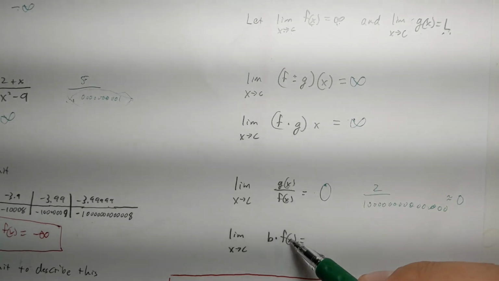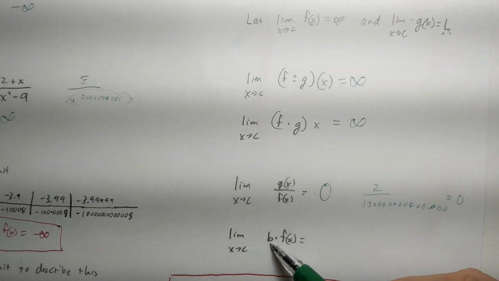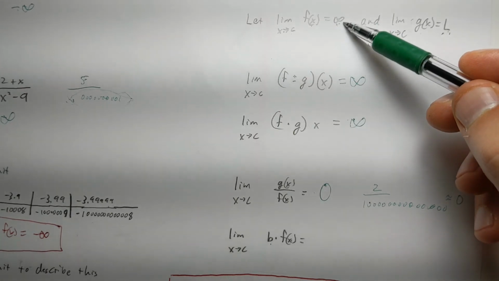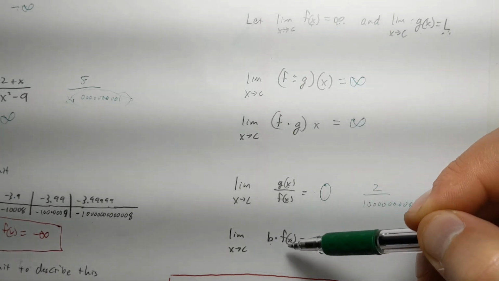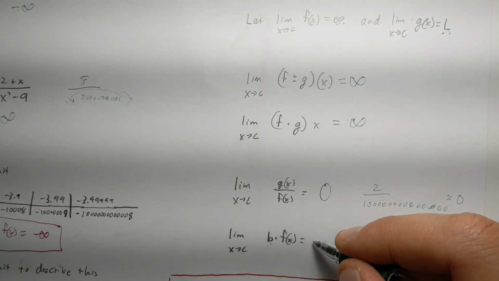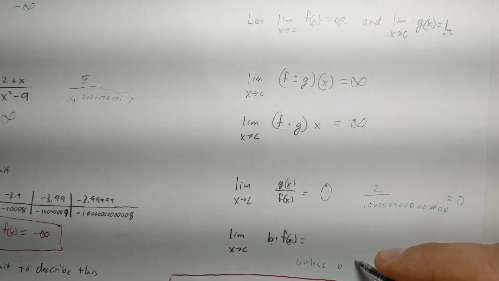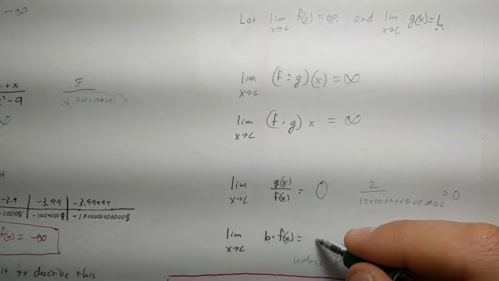And then if you have some constant times, if the limit of this is infinity, some constant times that, it's just going to be infinity, unless, of course, b is less than 0.